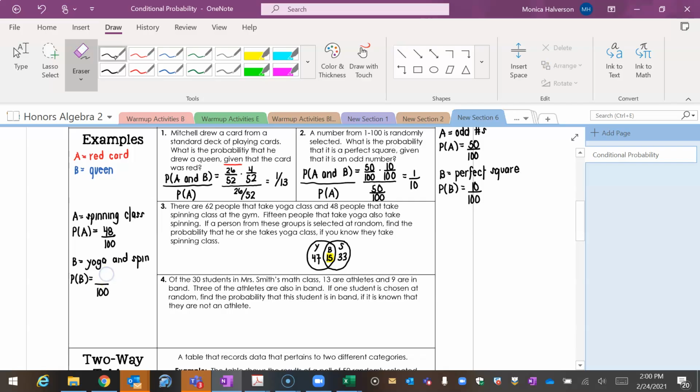So in this case, it's really 15 out of 100. To find this probability, it's going to be 15 over 100 times 48 over 100, all over 48 over 100, which gives us 15 over 100.